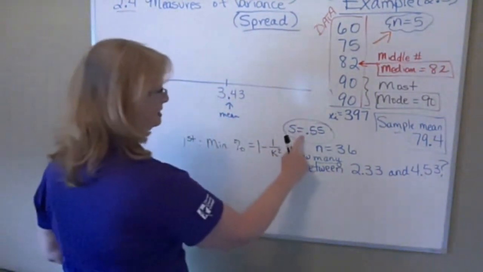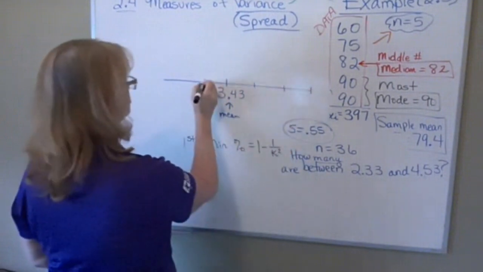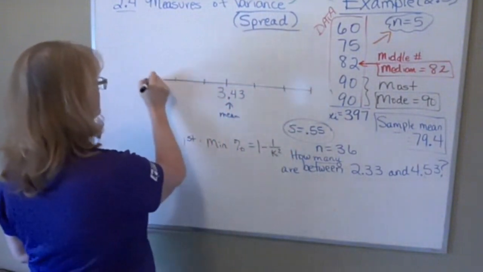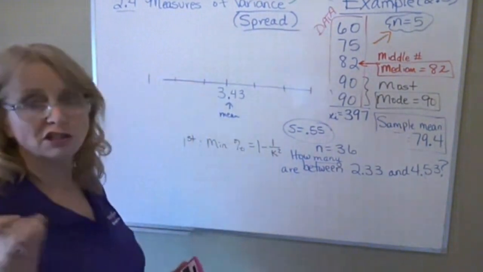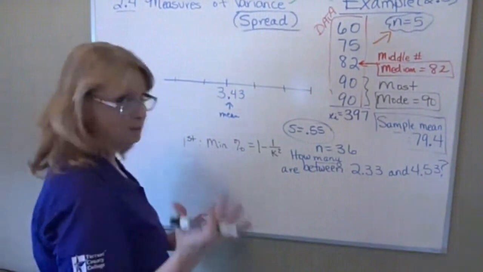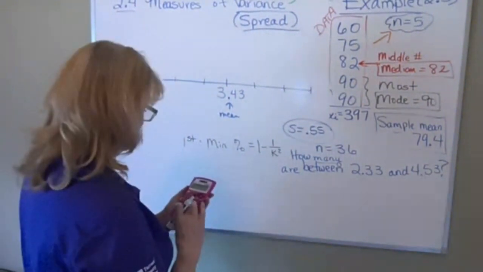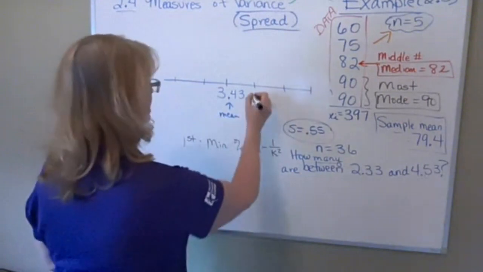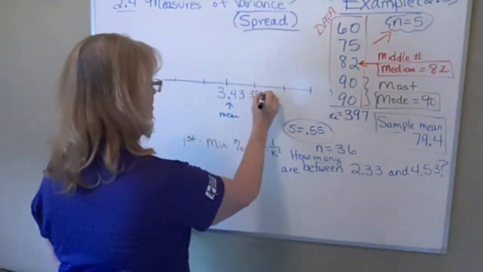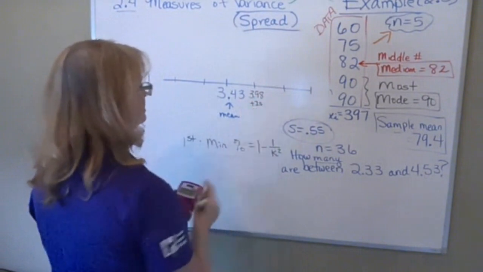Put the numbers on here. Take that standard deviation and add it 3 times to the right and subtract it 3 times to the left. I'm going to find those same things that I found with the empirical rule. So I have 3.43 plus 0.55 is 3.98. That's plus 1s.